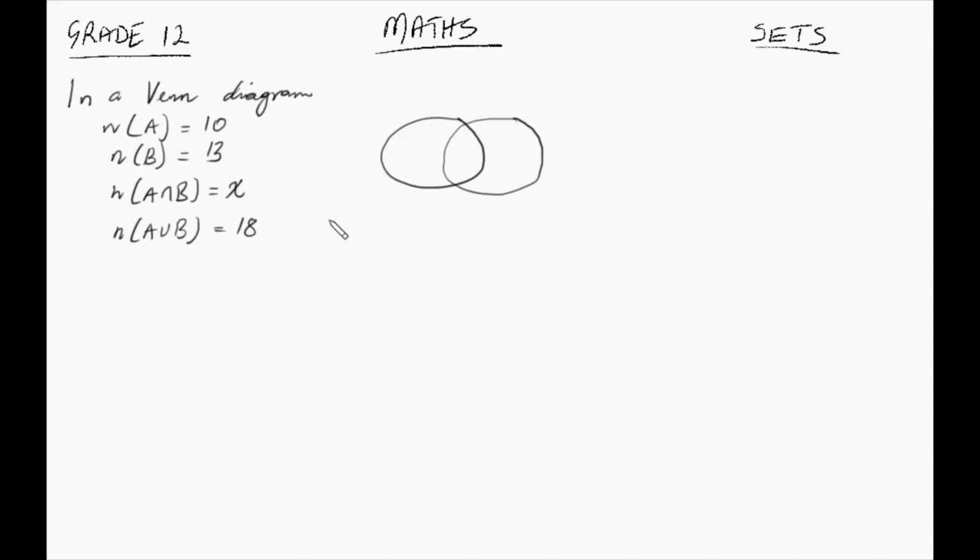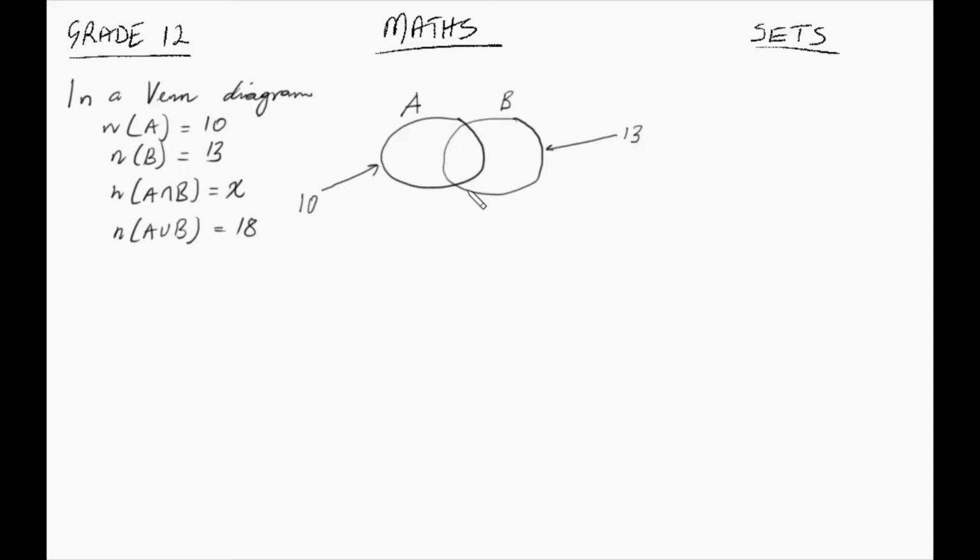So now, n of A is 10. If this is set A and this is set B, you can make an arrow like this and say there are 10 elements in there. For n of B, you can say n of B is 13.